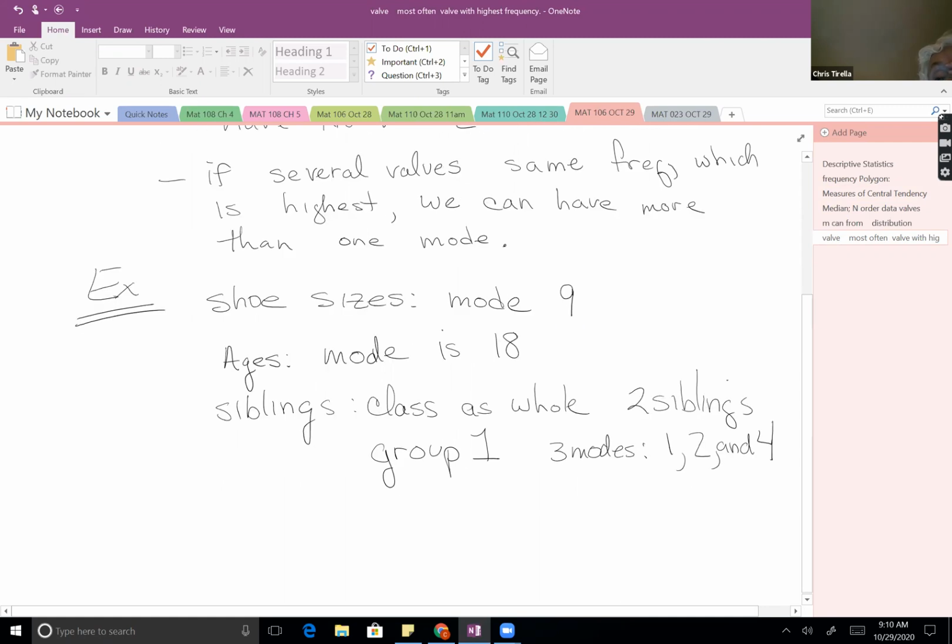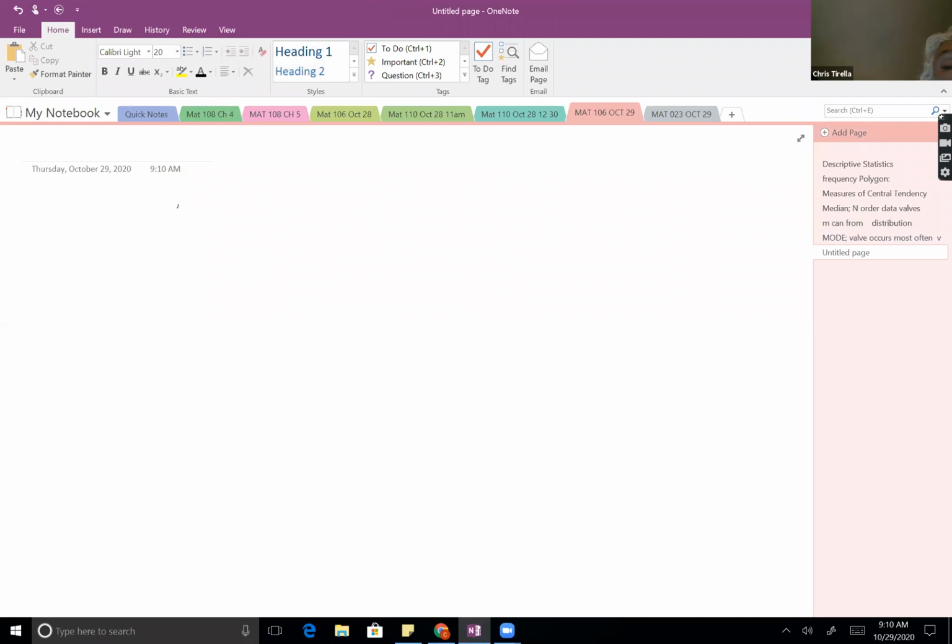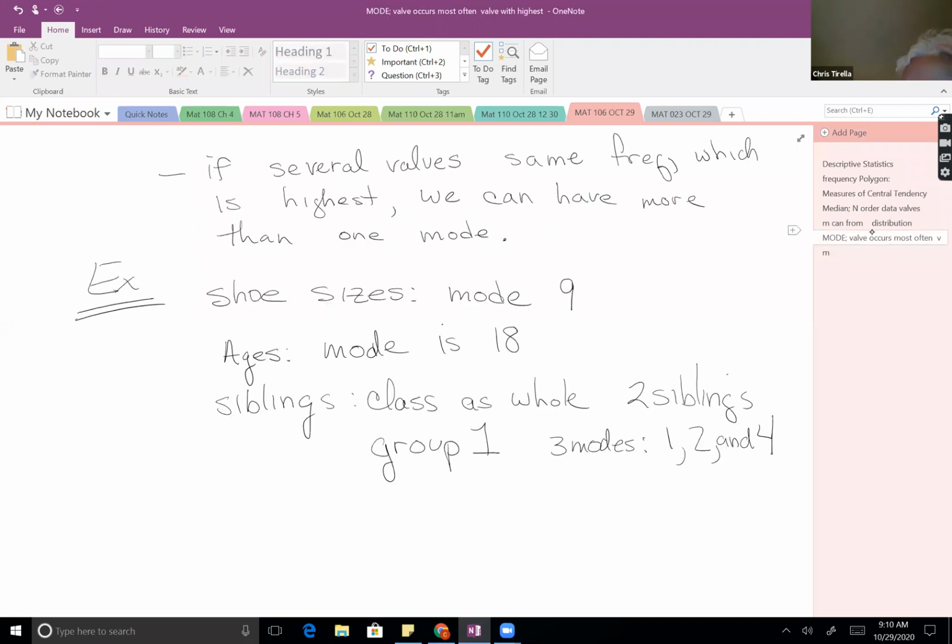So is everybody comfortable with the mode? If so, then the last one that we'll look at for measure of central tendency is the mid-range. Oh, you know what? Before we do that, I want to go back a little bit.